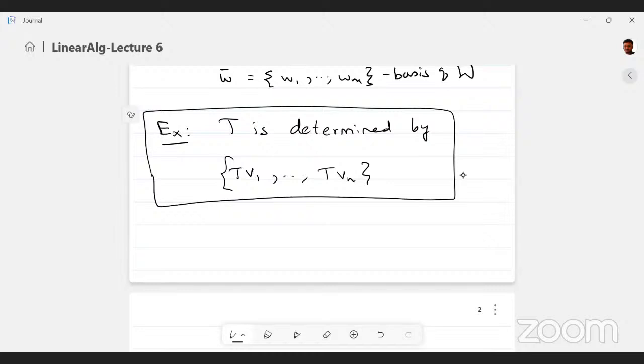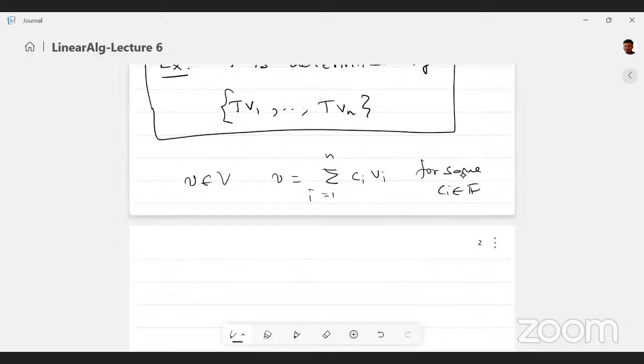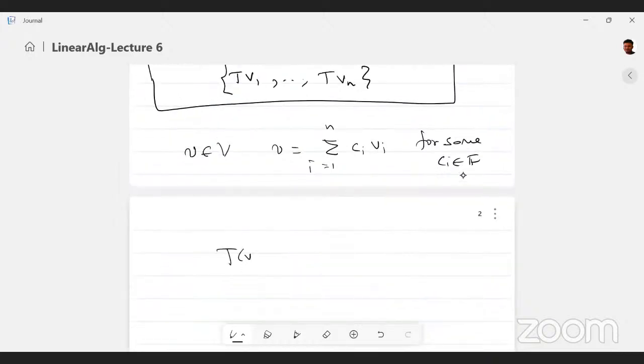If you take any vector V, it can be written as a linear combination of the Vi for some scalars Ci in F. To know what T of V is, using linearity of T, T of V is nothing but the summation of Ci times T of Vi. So we need to understand what T of Vi is.